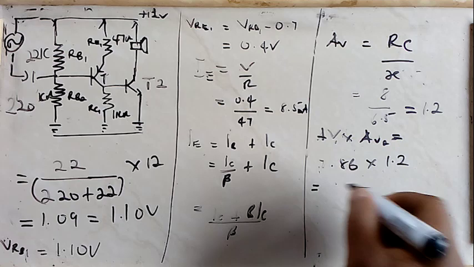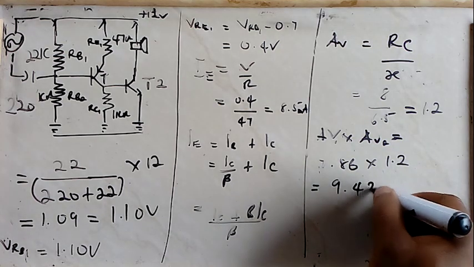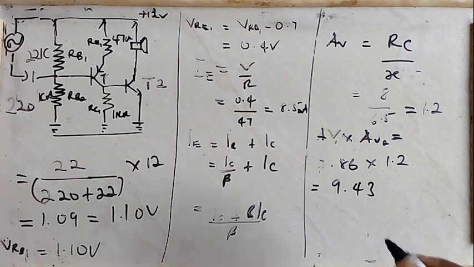When you multiply, you arrive at 9.43. What it means is that whatever voltage you introduce to the base of the amplifier, and I'm talking about a signal voltage, will be multiplied by a value of 9.43 at the output. This is what the common emitter amplifier circuit is about.